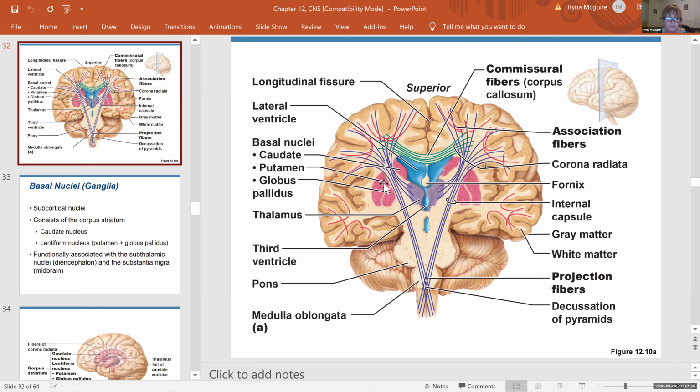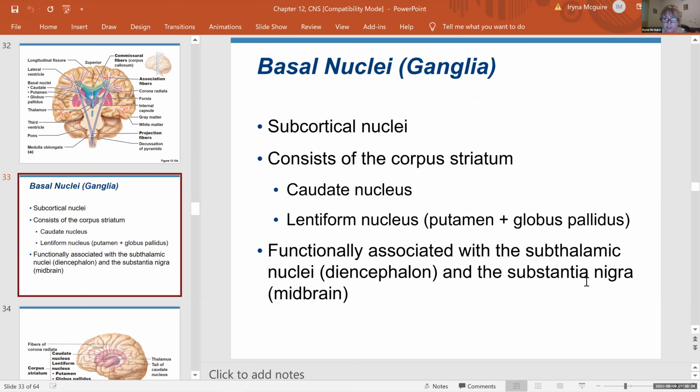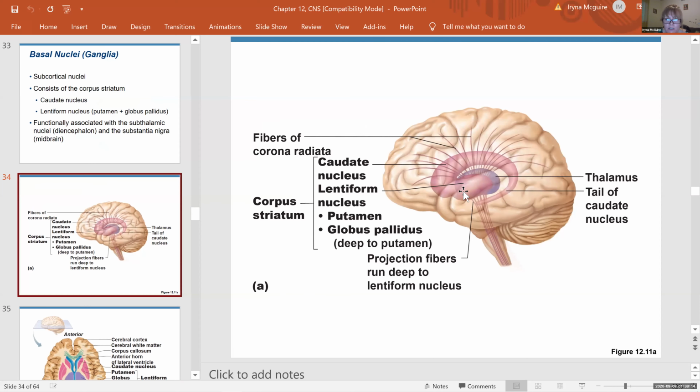So that's why we're talking about the basal nuclei. It's also associated with a structure called the substantia nigra. And I'll show you. So here again, you can see the caudate nucleus, this structure over here, the lentiform, putamen, globus pallidus that make up the lentiform, right? And that's all called the corpus striatum, and the corpus striatum is the basal ganglia.